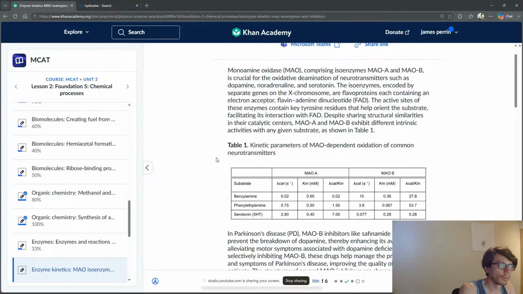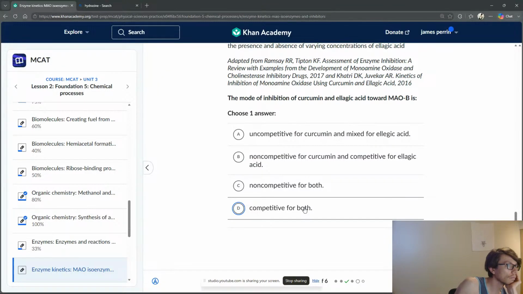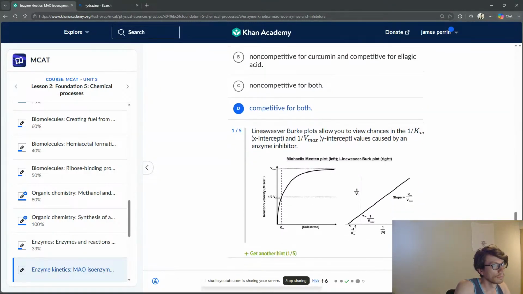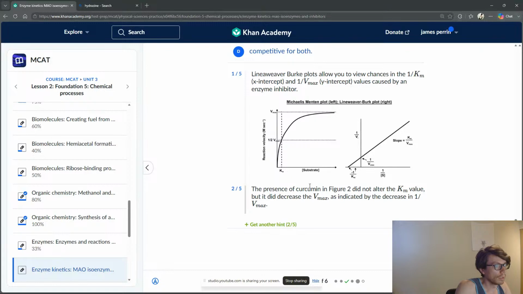Key tyrosine. Mm-hmm. Shoot, I don't even know where it would say that. Presence of curcumin in Figure 2 did not alter the Km value.